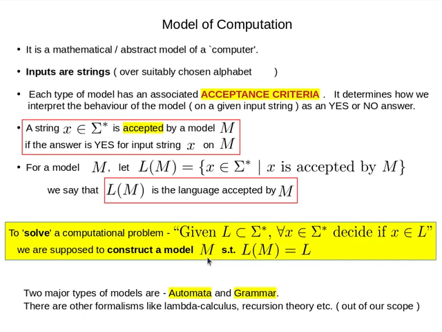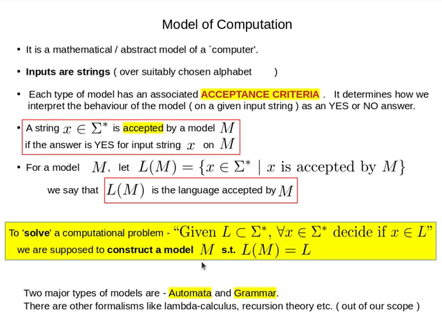You feed that input, see how the machine behaved, and interpret the answer according to the acceptance criteria. If it is yes, then you say the answer to the problem is yes, otherwise you say no. This is how you solve the computational problem using this sort of mathematical machine.